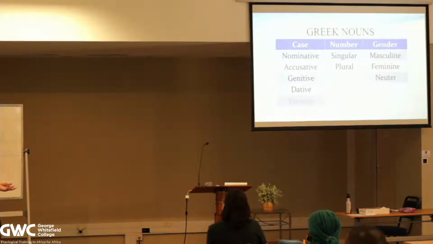Because it's a sister? No, that's not why. How do you know that the sister is the one speaking? Because she's in the nominative case, exactly. It's a nominative noun, right? The sister is a nominative noun, which means if it's nominative, then it's the subject of the verb.